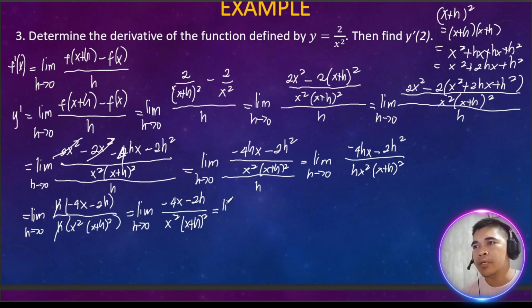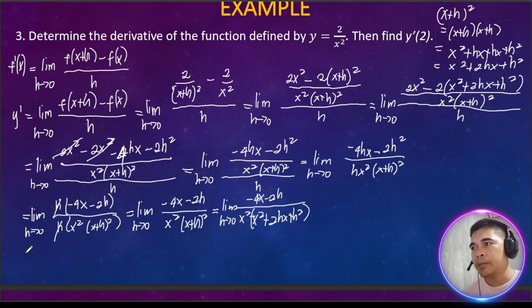Next, we have limit of negative 4x minus 2h. In the denominator, x squared times the square of x plus h. The result is x squared plus 2hx plus h squared as h approaches 0.